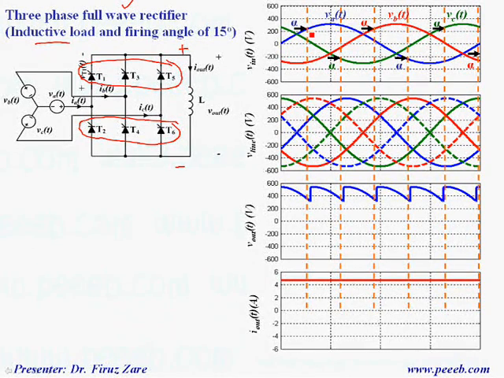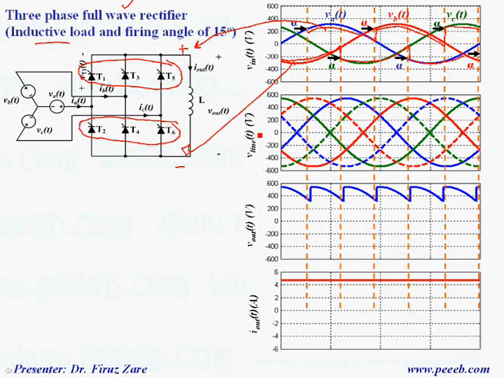That means we can have positive voltage from this group of thyristors, which creates this voltage waveform at this terminal, and this set of thyristors generates this voltage at this terminal, and finally the output voltage is this voltage minus that voltage.